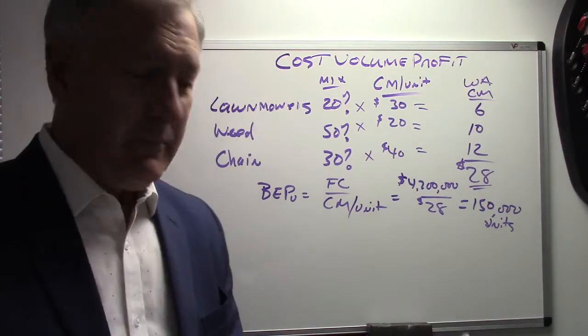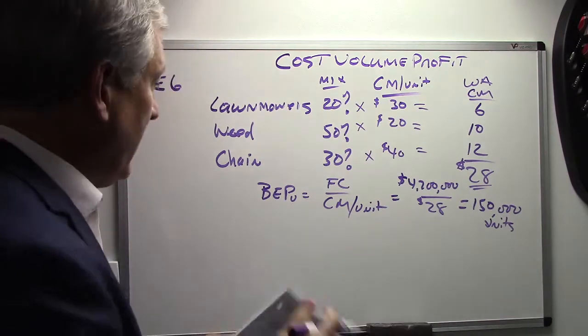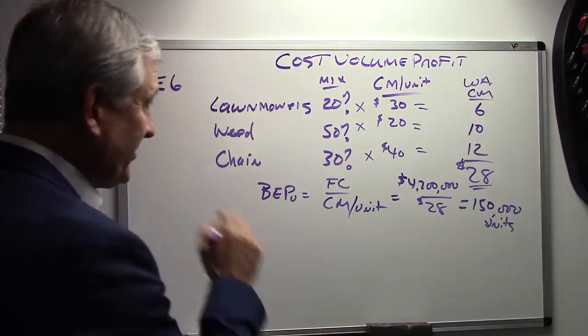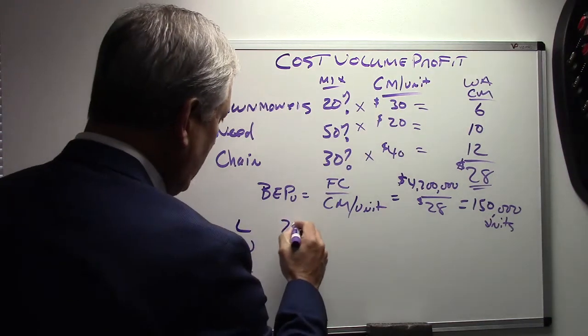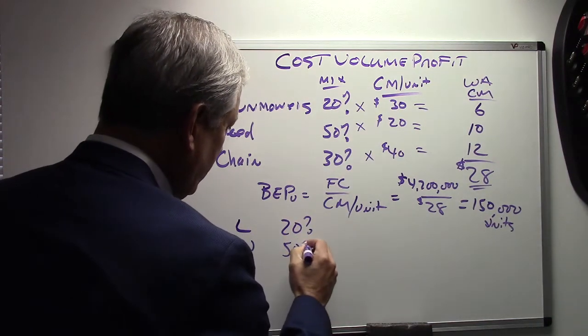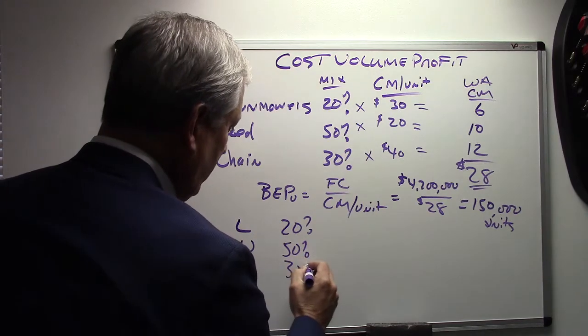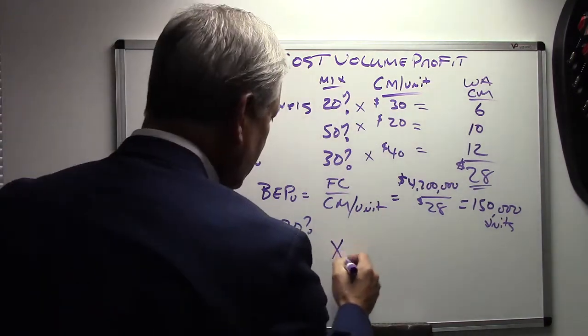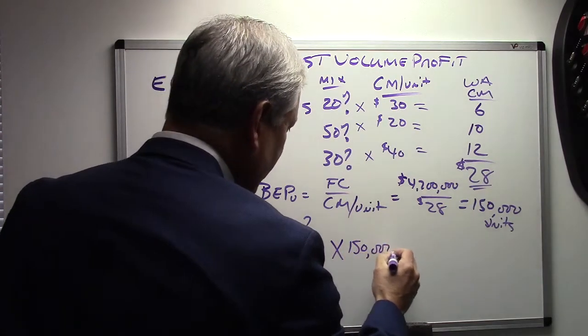Now the question is, what is that mix? Well, again, the lawnmowers, the weed trimmers, and the chainsaws, they have their sales mix at 20%, 50%, and 30%. And we need to multiply that times the number of units to break even, 150,000.